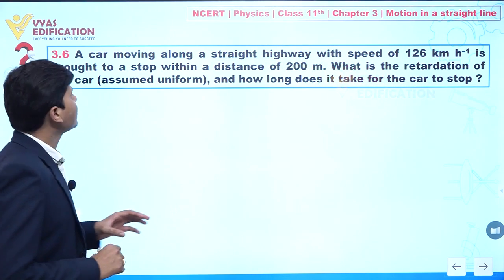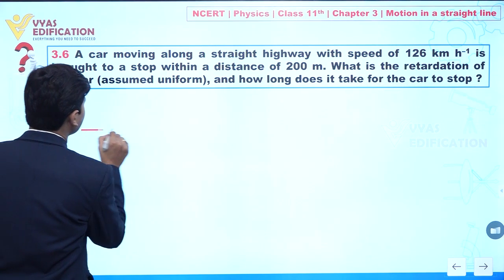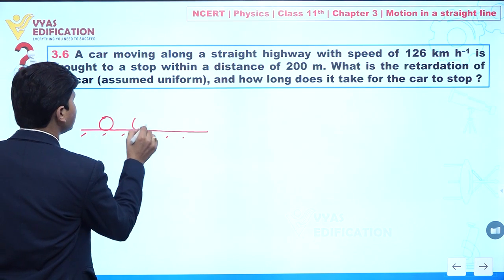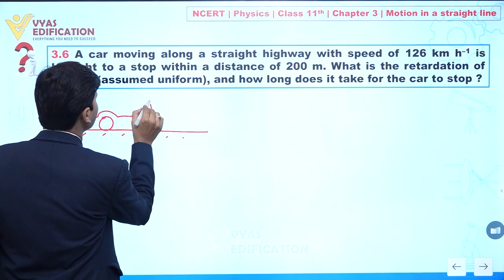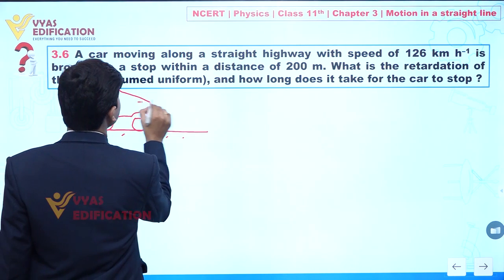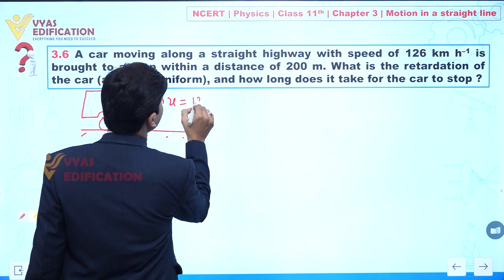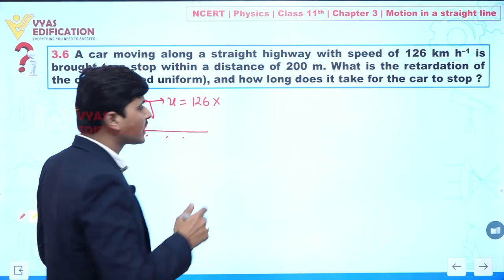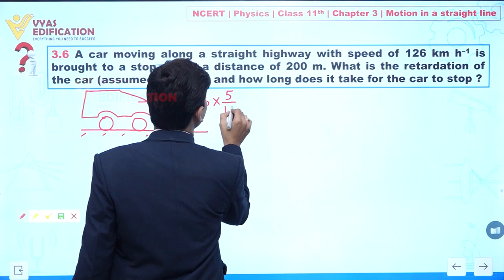In this question, a car is moving along a straight highway. Let's suppose this is the straight highway, and here we have a car. This car has initial speed u equal to 126 km per hour. First we convert it into meters per second, so we multiply by 5 by 18.